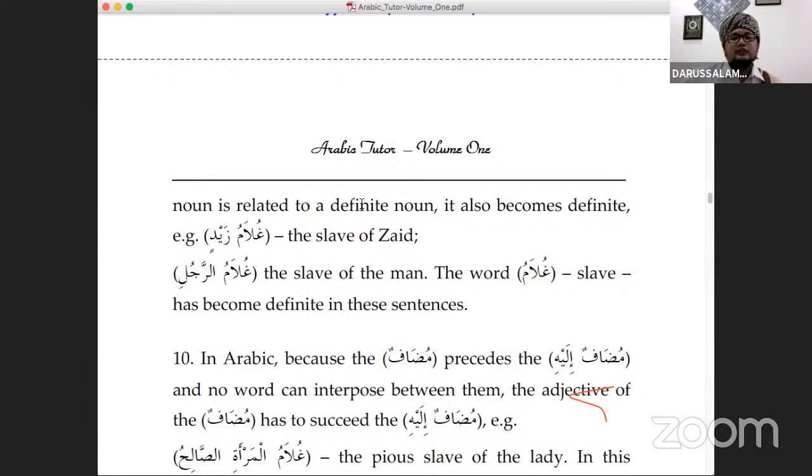So that's why when we translate, we say the slave of Zaid. We don't say a slave of Zaid, we say the. Because Zaid is ma'rifah, so the mudaf will also become ma'rifah. So that's why when we translate, you say the slave of Zaid.